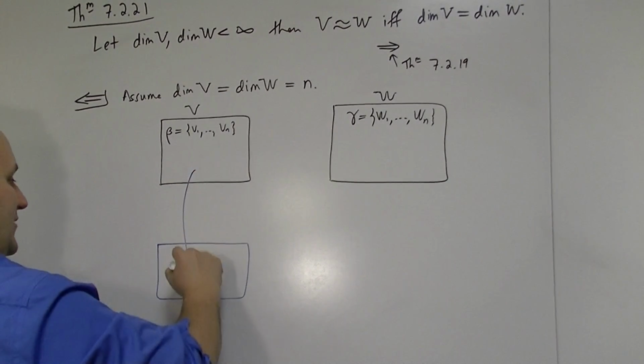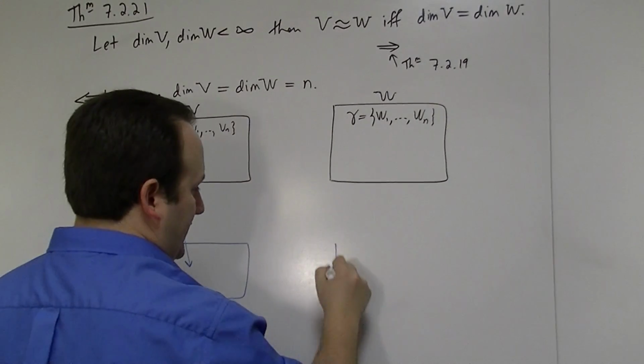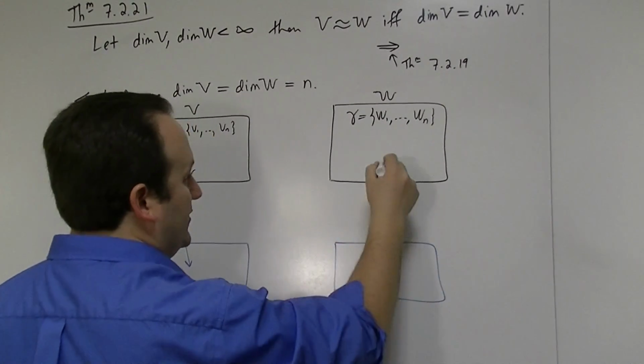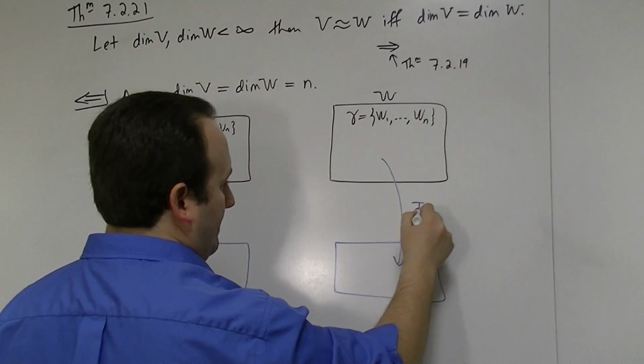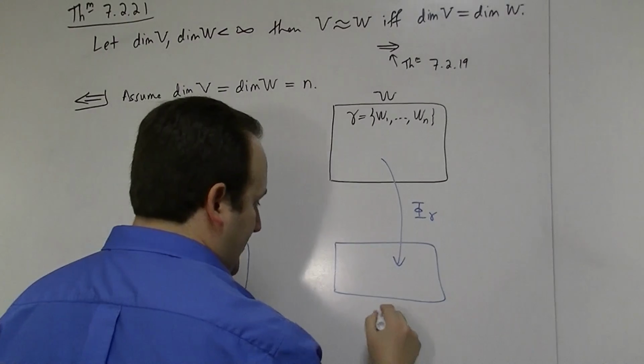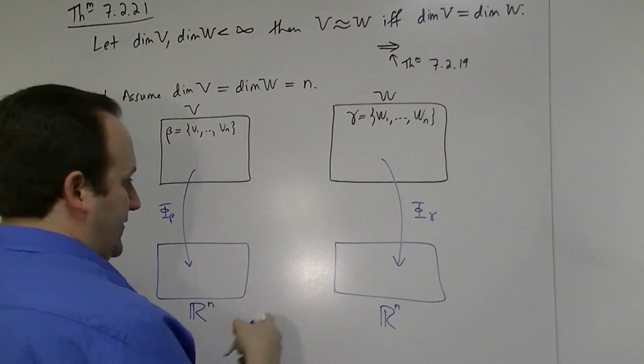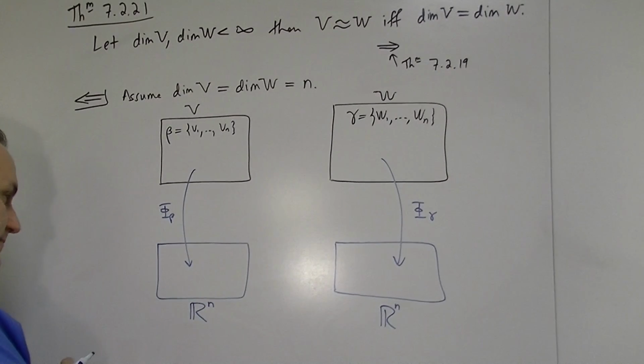That's the beta coordinate map. And on the other side, we have the gamma coordinate map. Again, you could identify these copies of Rn as being the same. I could even use the same copy of Rn if I wanted to. I'm just drawing them separately for reasons later.